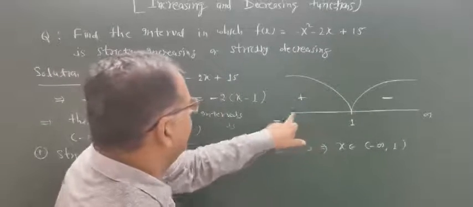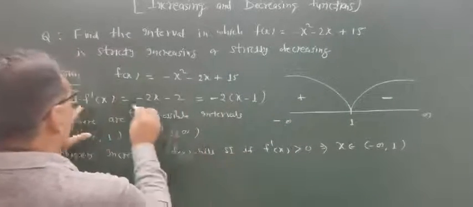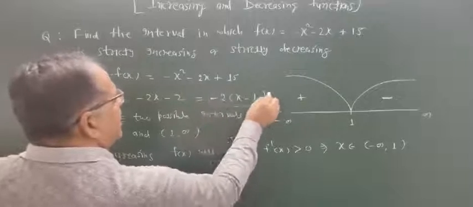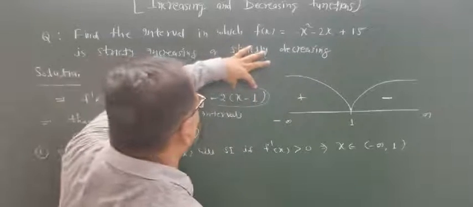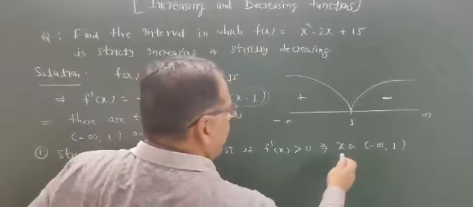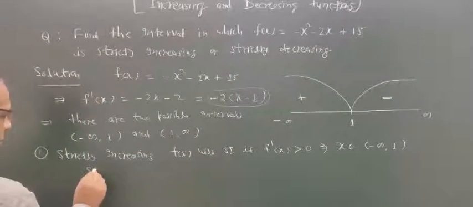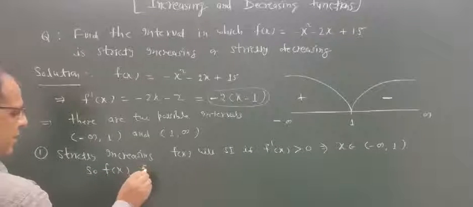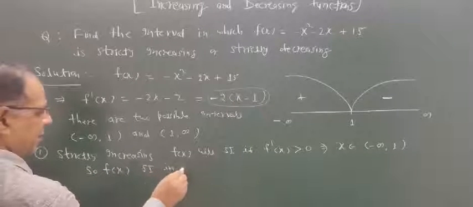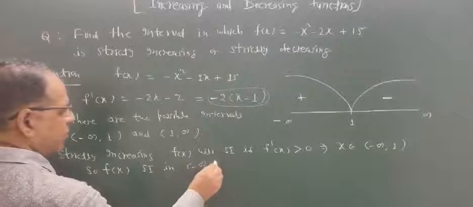Okay, here this is a positive sign, and this shows the value of f dash x. So this polynomial becomes positive if x lies in minus infinity to 1. So f(x) is strictly increasing in minus infinity to 1.